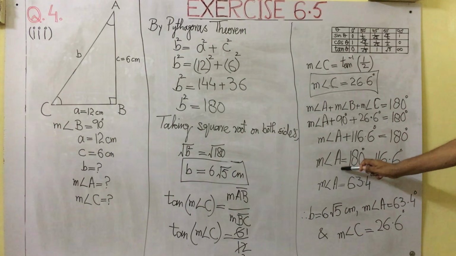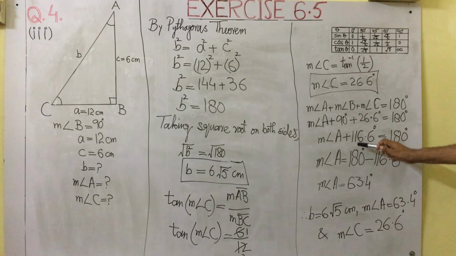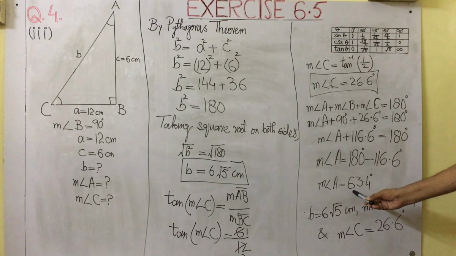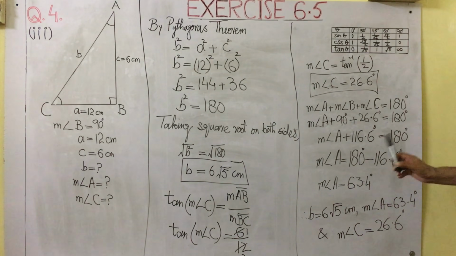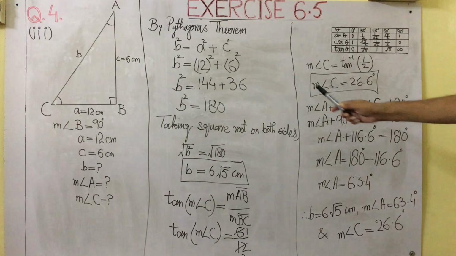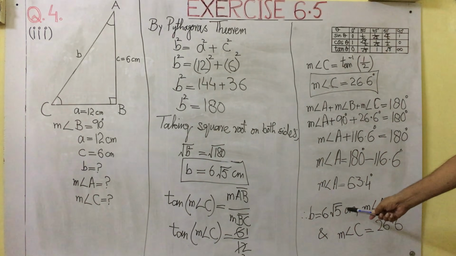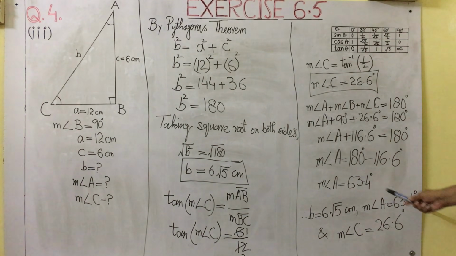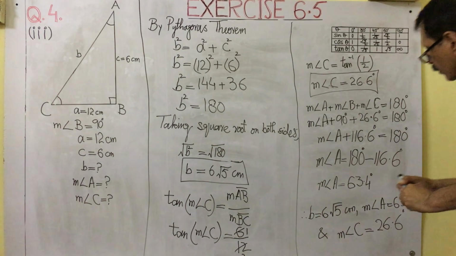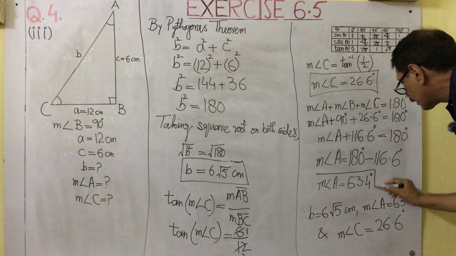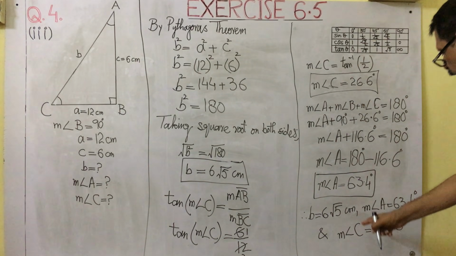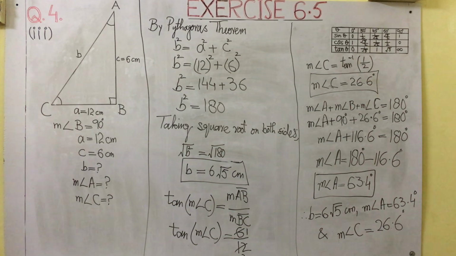So angle A is equal to 180 degrees minus 116.6 degrees, which comes to 63.4 degrees. Now B is 6 into square root of 5, angle A is 63.4 degrees, and angle C is 26.6 degrees.